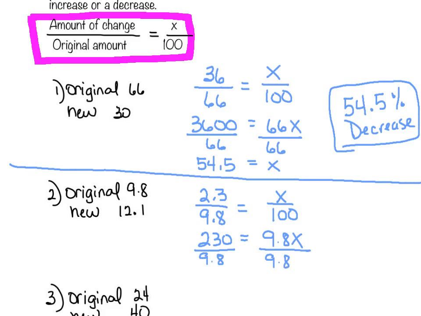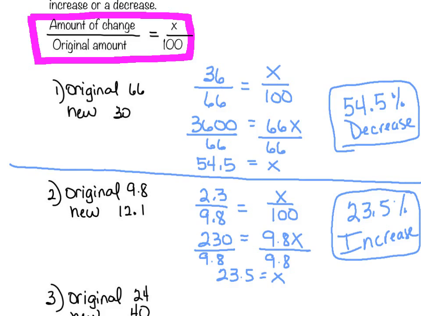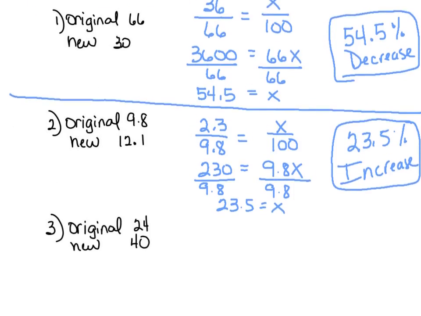So when I take 230 and divide it by 9.8, I have, rounded to the tenths, 23.5 equals X. Therefore, my answer would be a 23.5%, in this case, increase. I know it's an increase because notice that it went from 9.8 to 12.1, so it obviously went up.